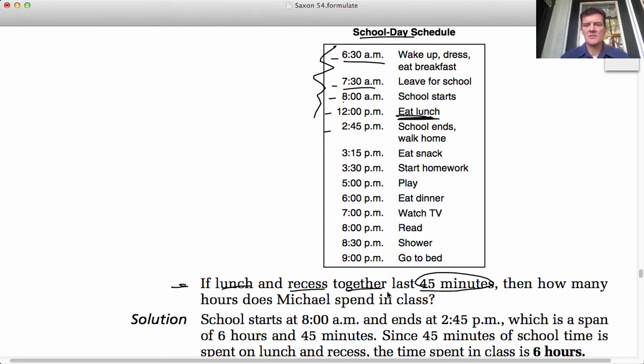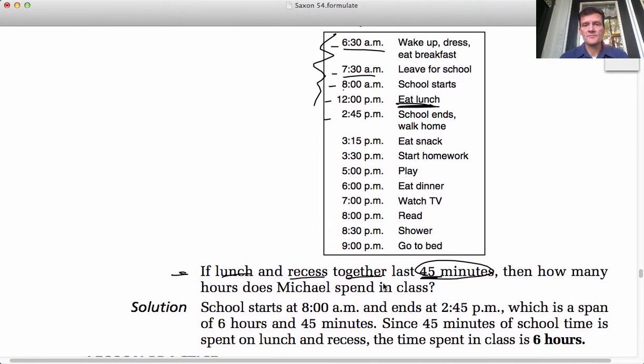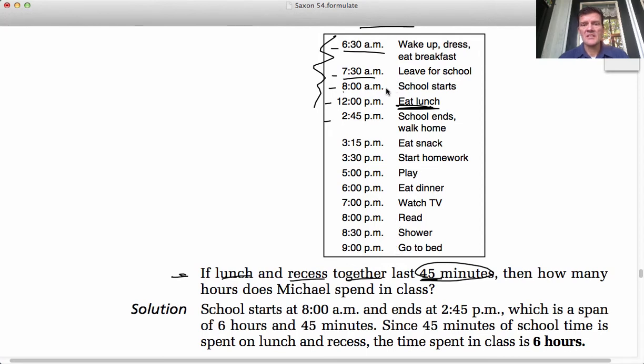It says lunch and recess together last 45 minutes. Then how many hours does Michael spend in class? If we look here, he gets to school at 8 a.m. That's when his day starts at school, because remember, it's talking about the hours he spends in class. This is his entire day.